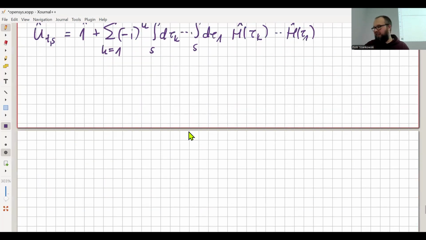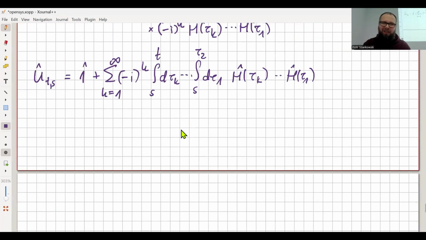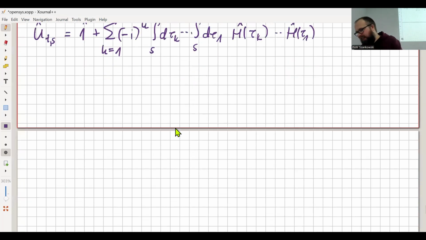How do you achieve this? Well, again, there is some iterative procedure that you can deploy here, and it's simply: you write down this guy, S to tau 1, and you start bisecting integrals step by step.